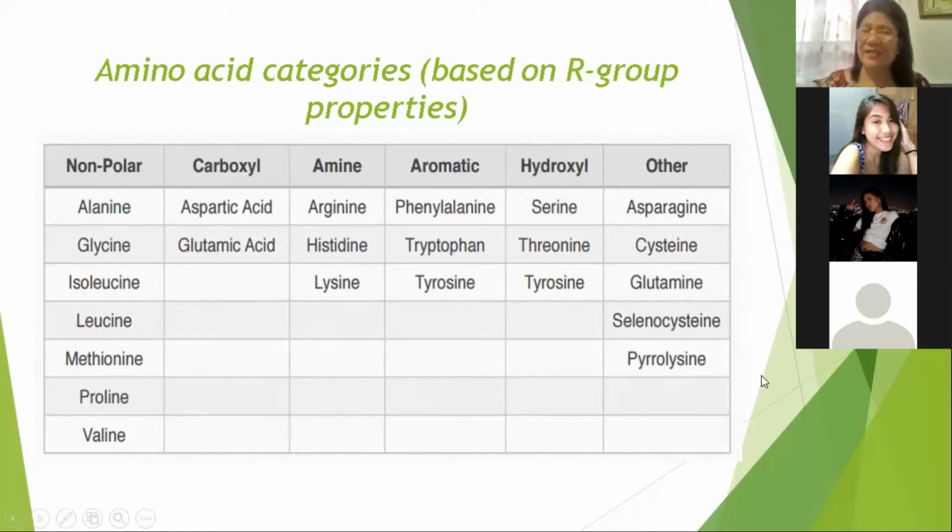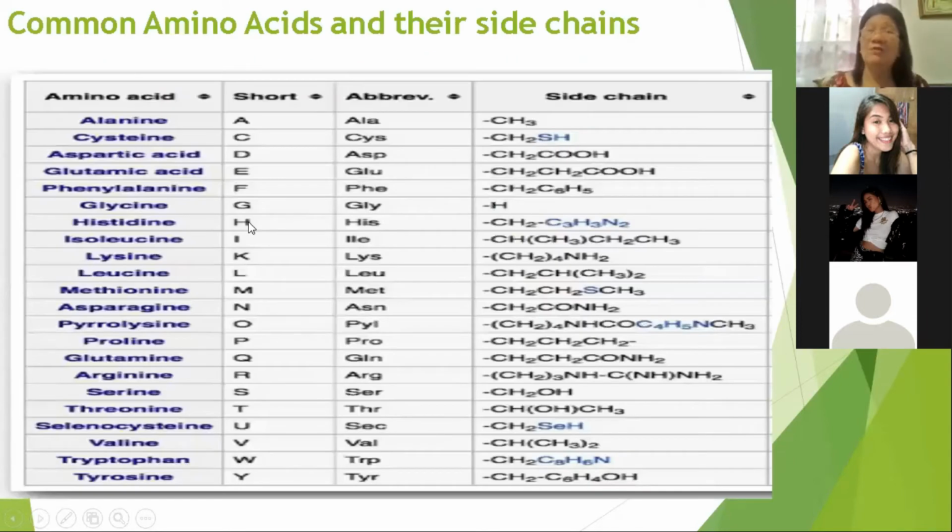Okay. So, you should memorize this with the short and the long abbreviation. How do you abbreviate, no? Alanine has a short abbreviation of A, a single letter.